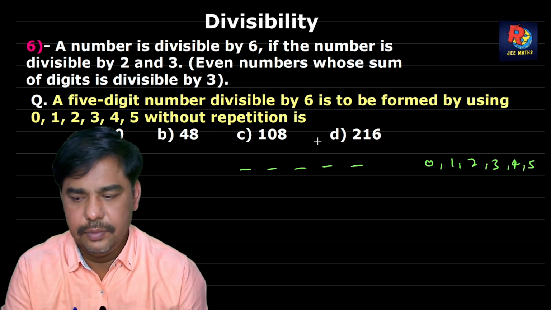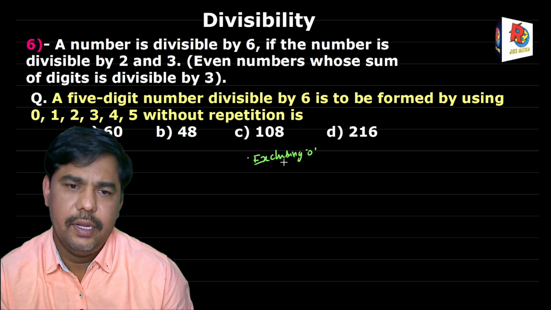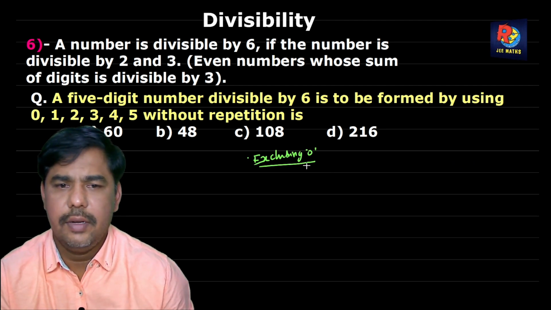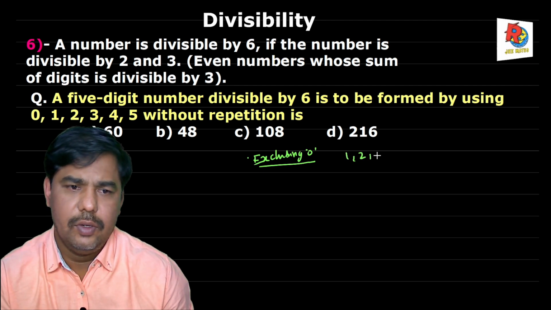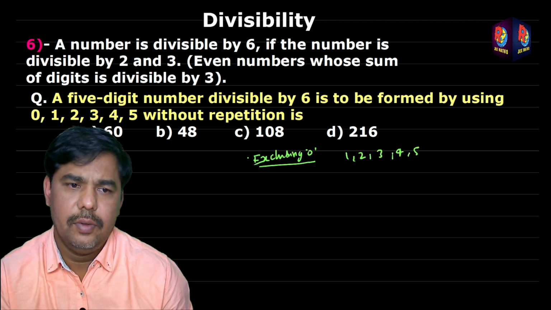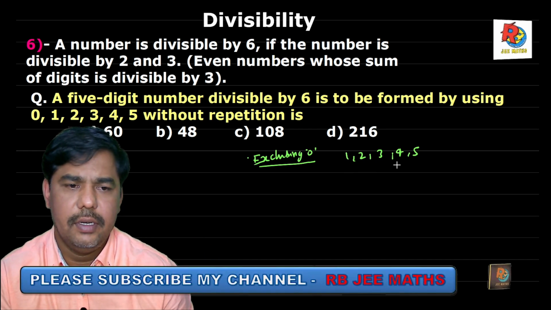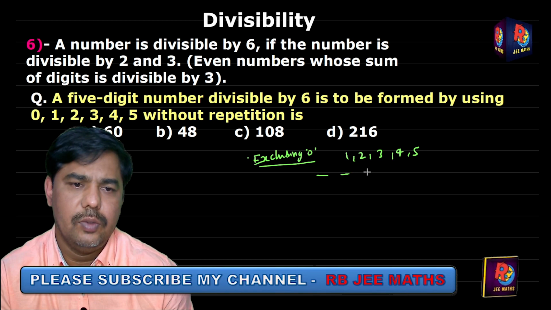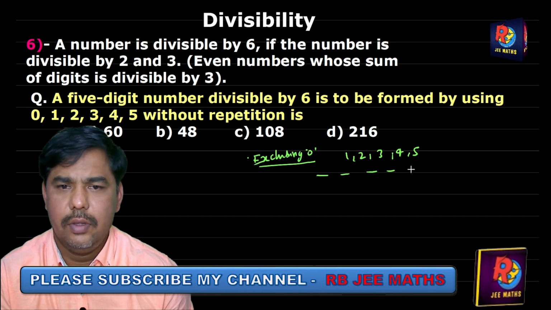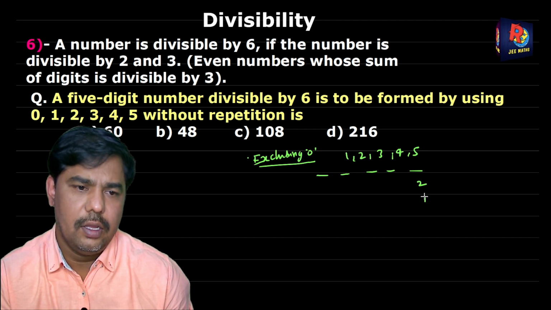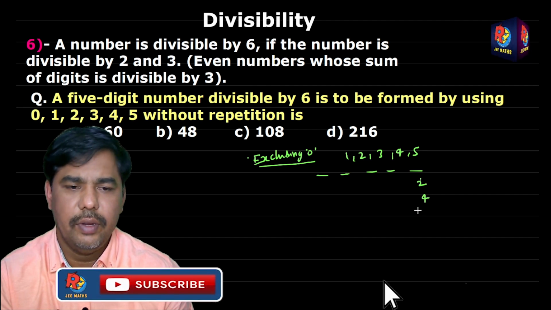If I exclude 0, the remaining digits are 1, 2, 3, 4, 5. So I need to arrange a 5-digit number. The unit place should be 2 or 4, an even number. 2 or 4 only we need to take.